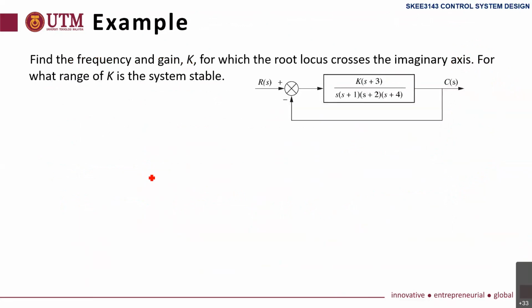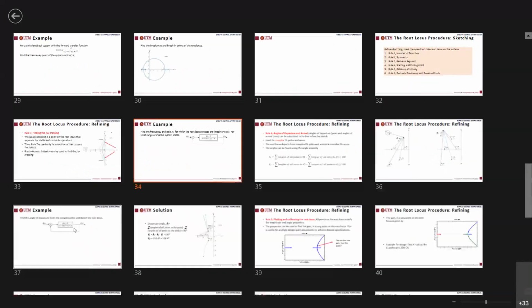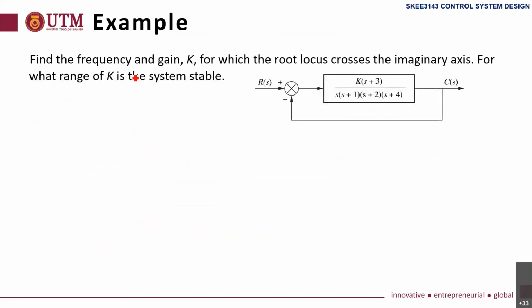Let's do one example related to the Routh-Hurwitz criterion. Find the frequency and gain K for which the root locus crosses the imaginary axis. For what range of K is the system stable?